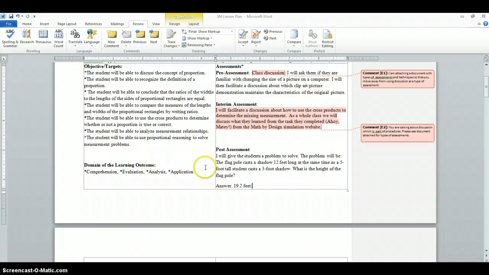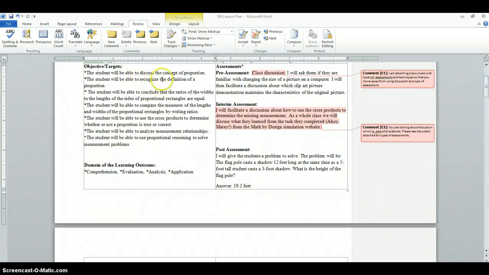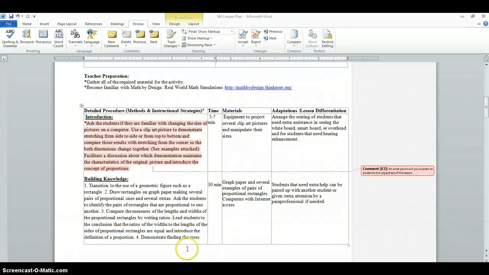Then another thing that I wanted to say is that when you look at your procedures, they should also be aligned to your objectives and assessments, meaning that whatever you are saying here in your objectives, activities should show discussion, should show students being taught how to recognize. So if you don't show activities that meet all those objectives, then it means your procedures again are not aligned to your objectives.